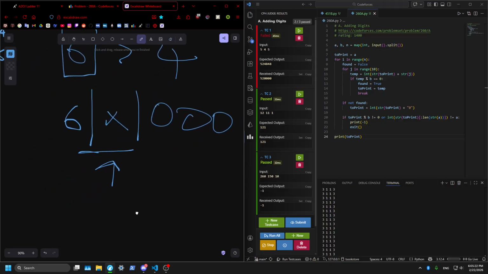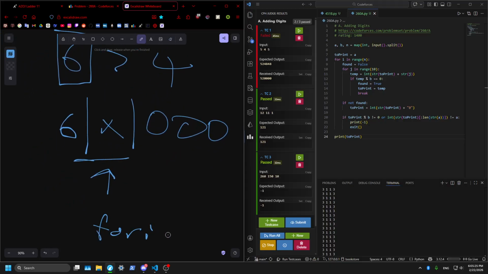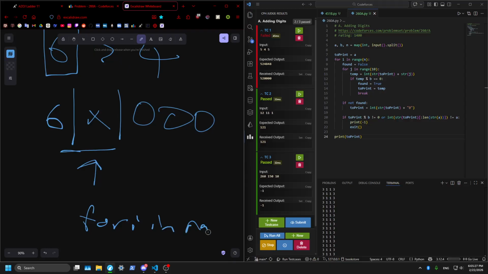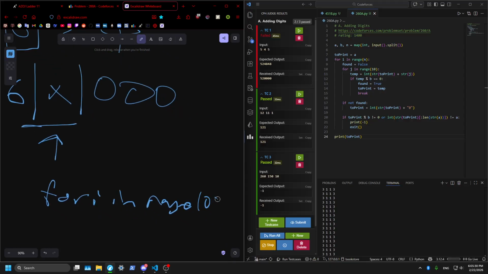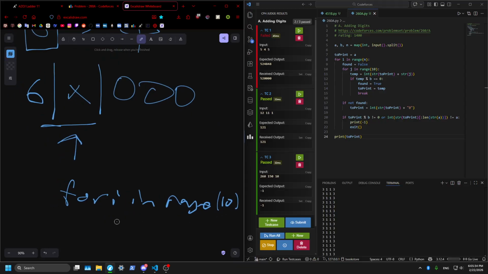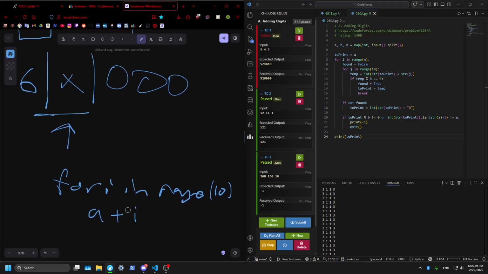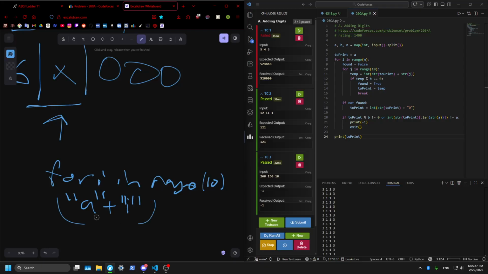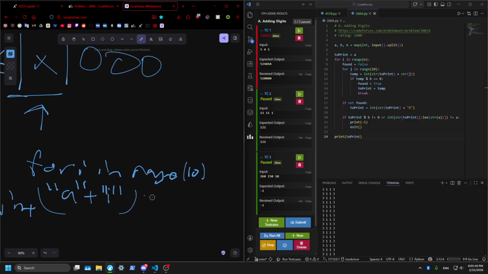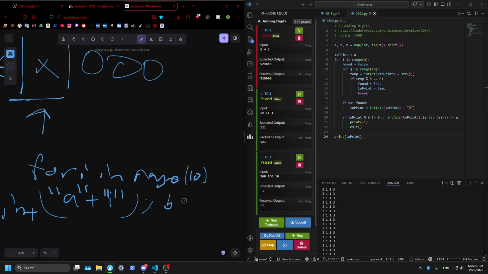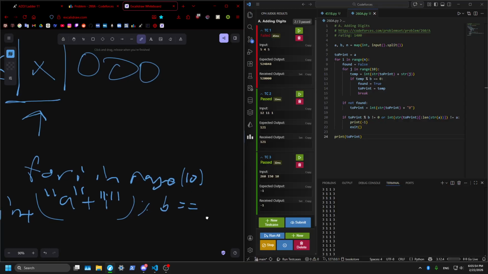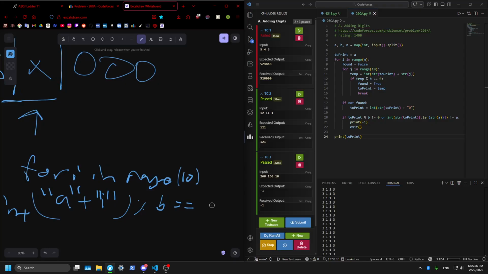We only have to iterate for i in range 10. And then we check if A plus i, these are strings, make it an int, mod B equals 0.